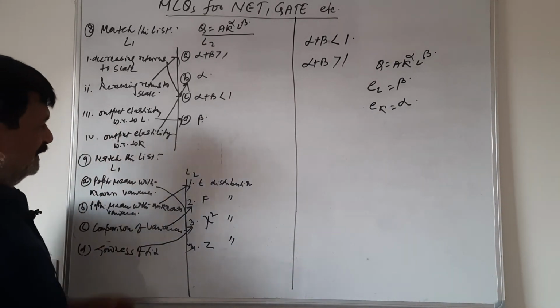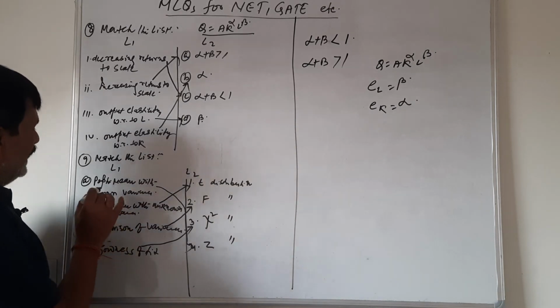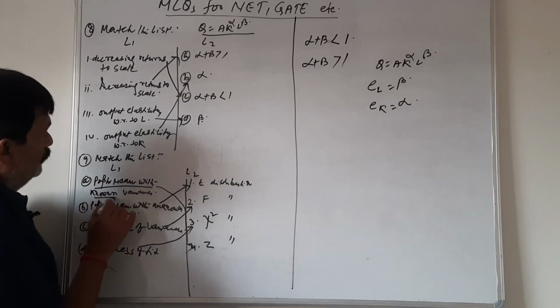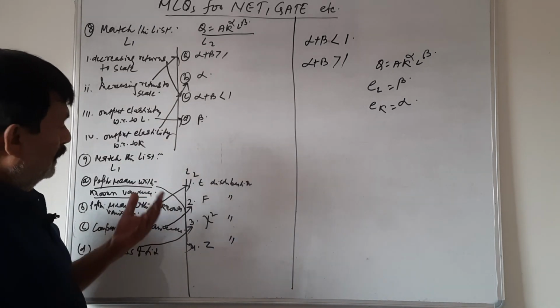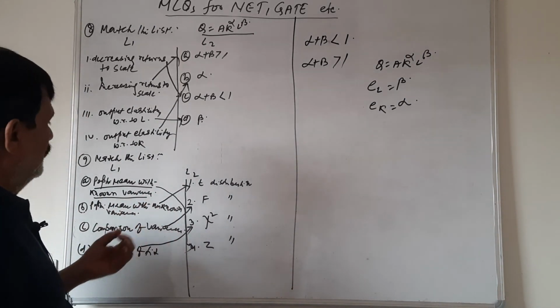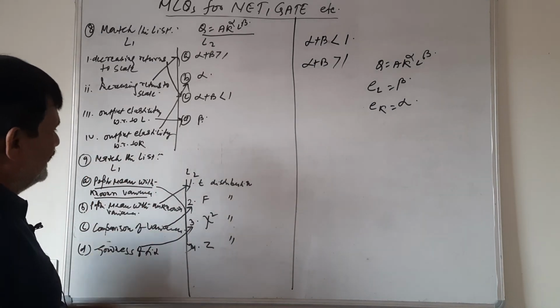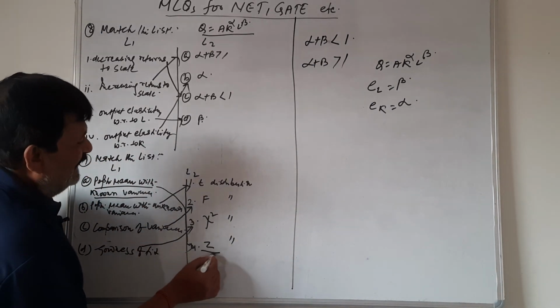Regarding sampling tests, population mean with known variance. Now, this is the concept of sampling. When we know the population variance, then we use the Z test.